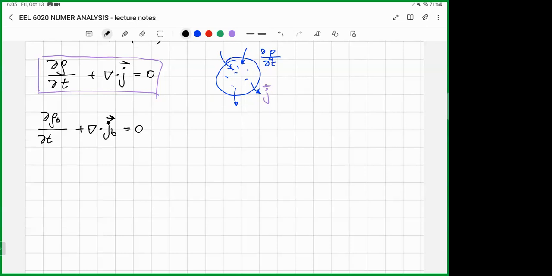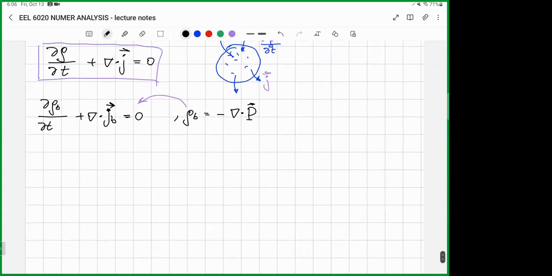So now I recall that the charge density of bound charges is equal to minus divergence of polarization. Okay, and I plug this one into the charge conservation rule.